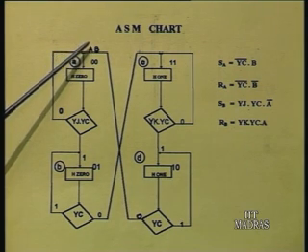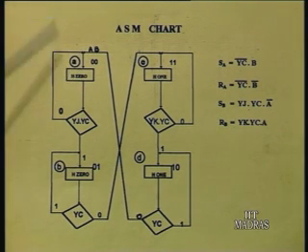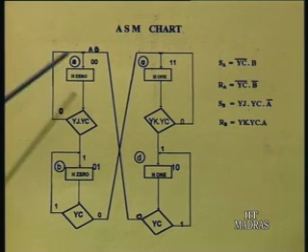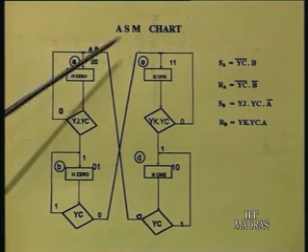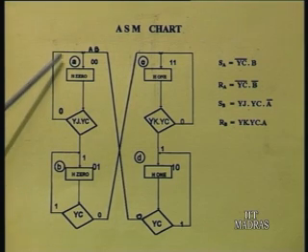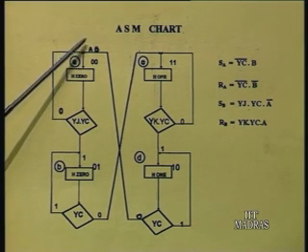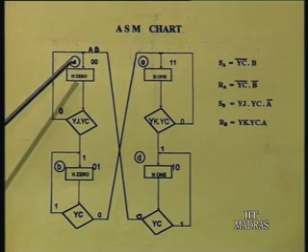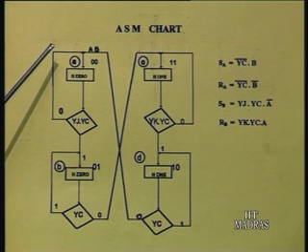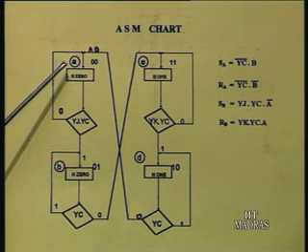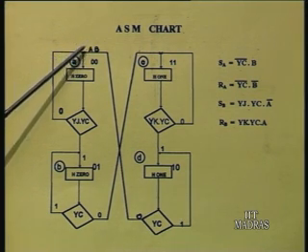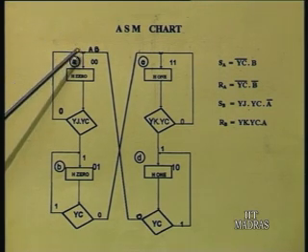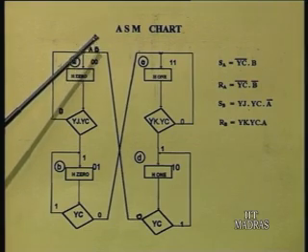Having discussed the behavior of the system, which consists essentially of 4 states, we have now reduced our problem to consideration of 2 state variables. That is, we have a whole machine and we talk about its state by state behavior, and then by reducing it to state variables, we need to consider only how the state variables A and B behave.